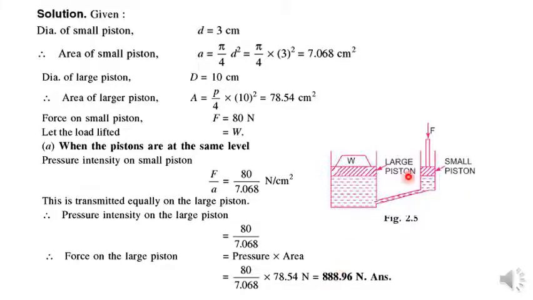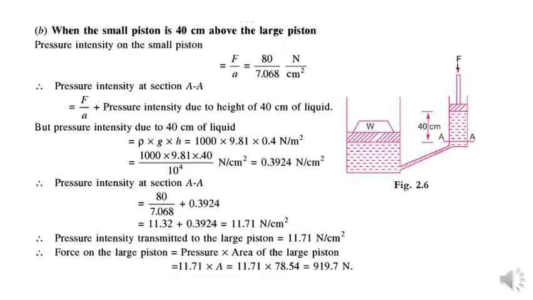Previously, when the smaller piston and larger piston were at the same level, it was 888.96. So what does it mean? It means that the height or level difference is going to cause an increase in the efficiency of this piston system.